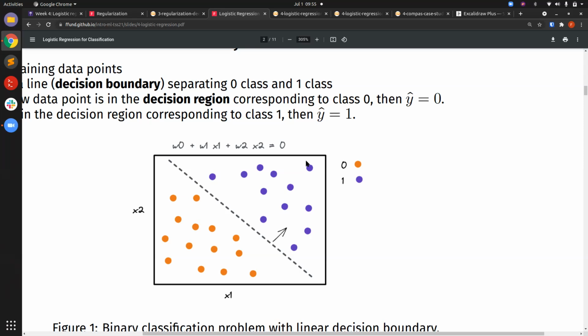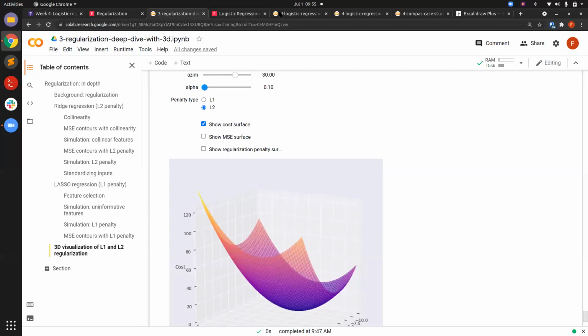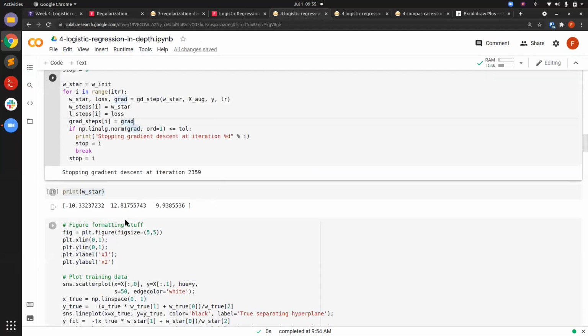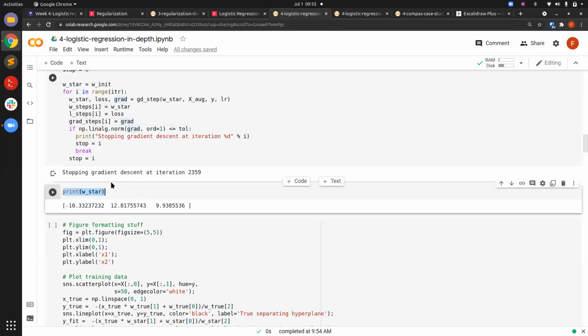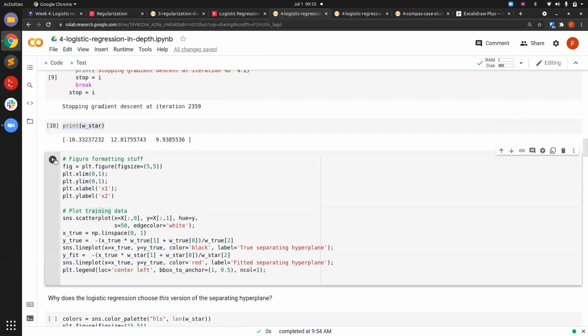Okay, so I can multiply both sides of this equation by some constant k, and it will still be exactly the same line. So the coefficients that I find will hopefully be some scaled version of the true coefficients.